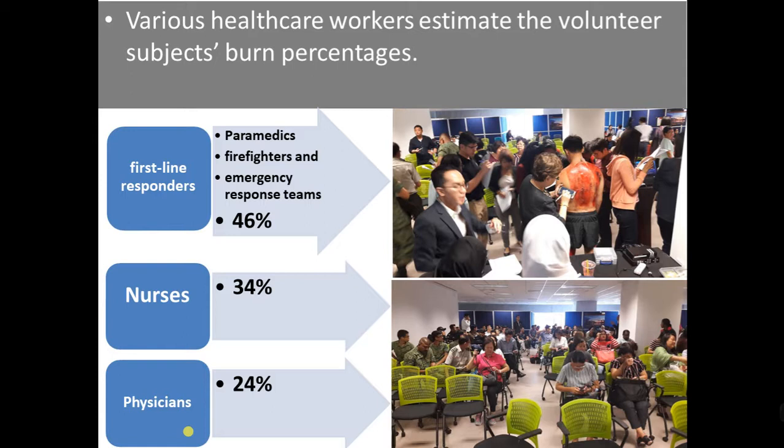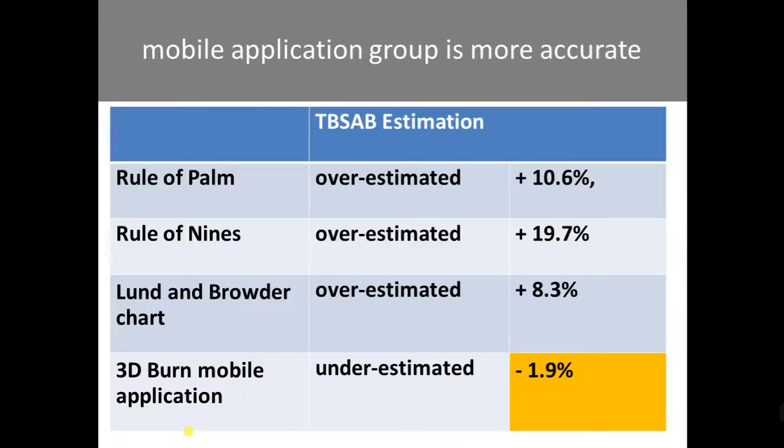Various healthcare workers were invited to use both the 3D burn application and the conventional methods in estimating burn percentages on volunteer subjects. For the result, the mobile application group is more accurate in burn surface area measurements when compared to the conventional methods.